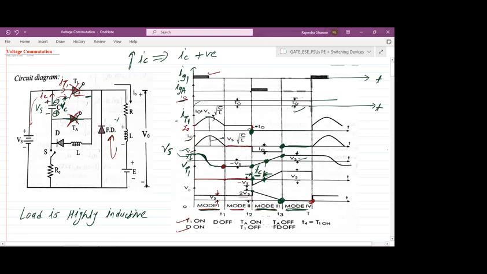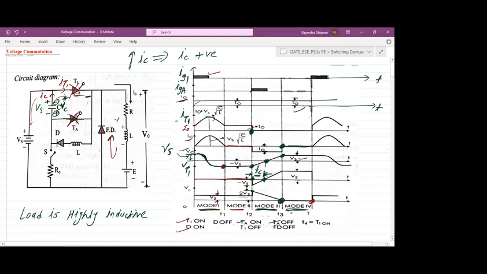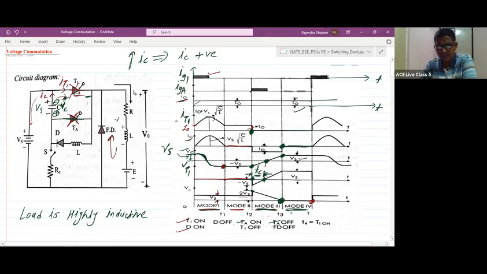Sir, in this diagram, the auxiliary thyristor will only operate for mode 3. Yes, the auxiliary thyristor is operated during mode 3. You can check TA is on here, and here it is in the off state. So our main thyristor will work only for mode 1 and mode 2.